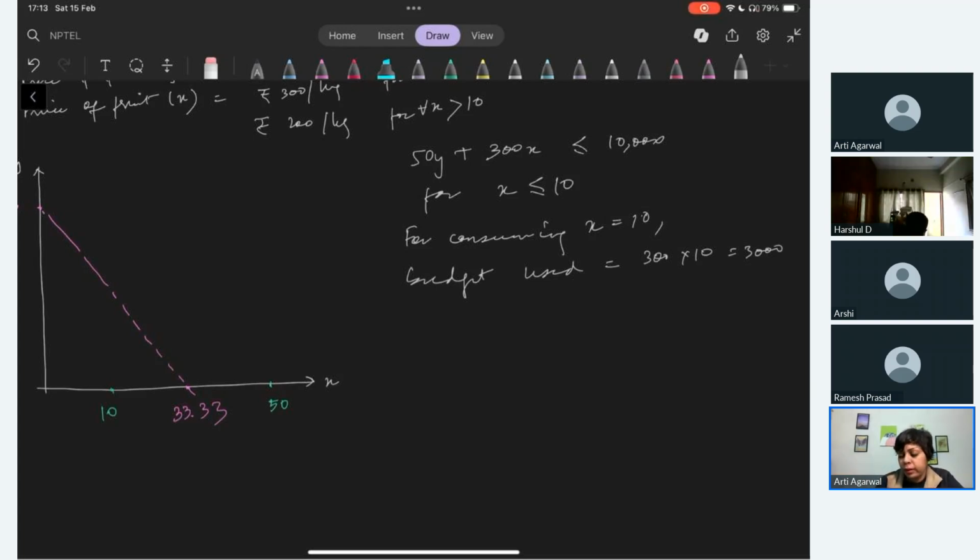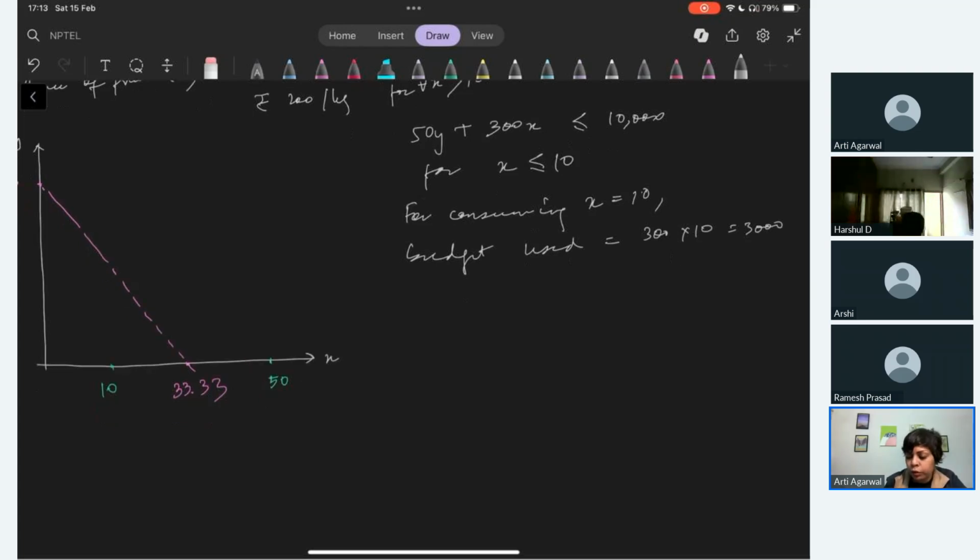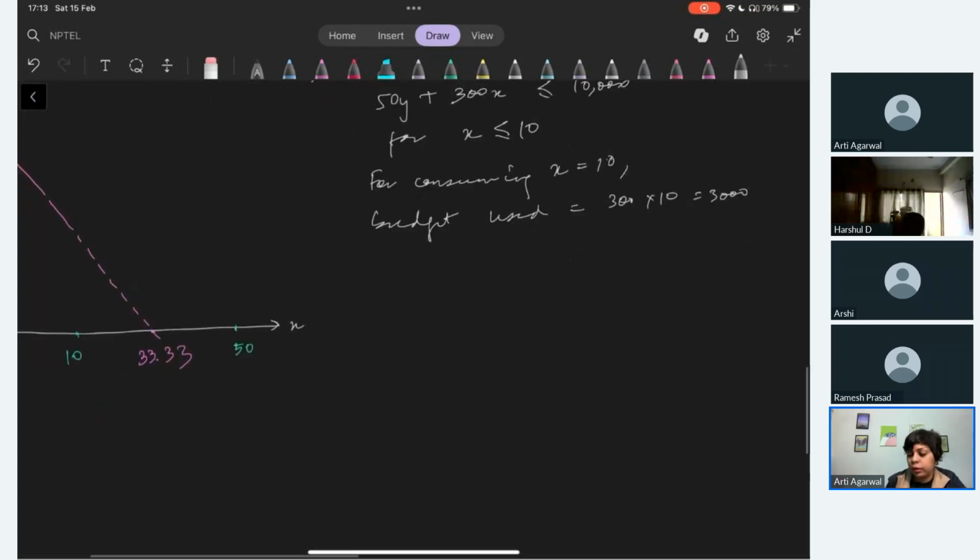So when you're saying that X is greater than 10, we are automatically implying that X equal to 10 has already been consumed, right? Only after that the new pricing starts. So when you have consumed X equal to 10, you have also used up 3,000 bucks from your budget. So now the remaining budget is equal to 7,000, right?